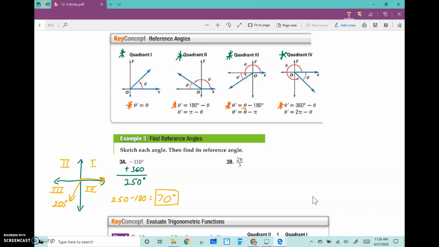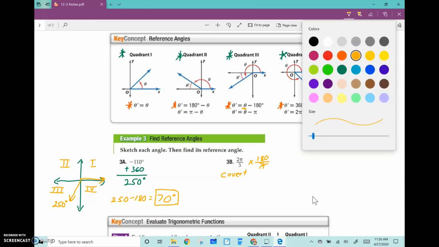Now, when it's in radians, we're going to use what we did in last section, and we're going to convert to degrees. So we're going to convert it. Okay? And to convert it, I'm just going to multiply times 180 over pi. Now, converting that is going to cancel out those pi's.